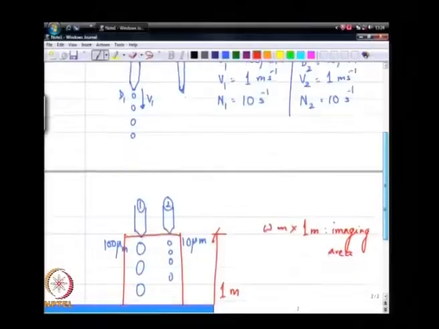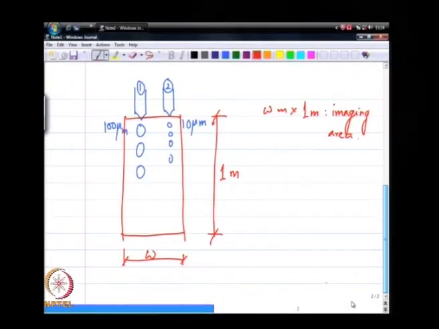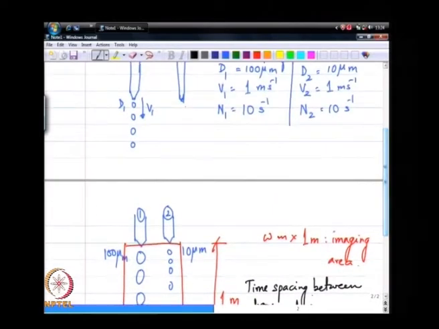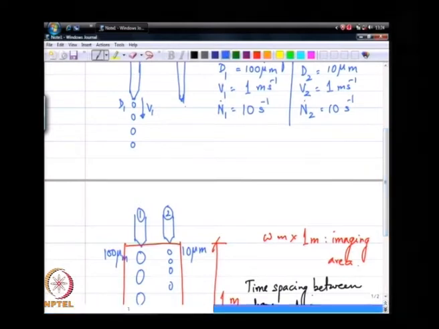So if I take one snapshot that is 1 meter in height, the time spacing between drops is 1/10 seconds. This is coming from the fact that n1 dot is the number production rate.